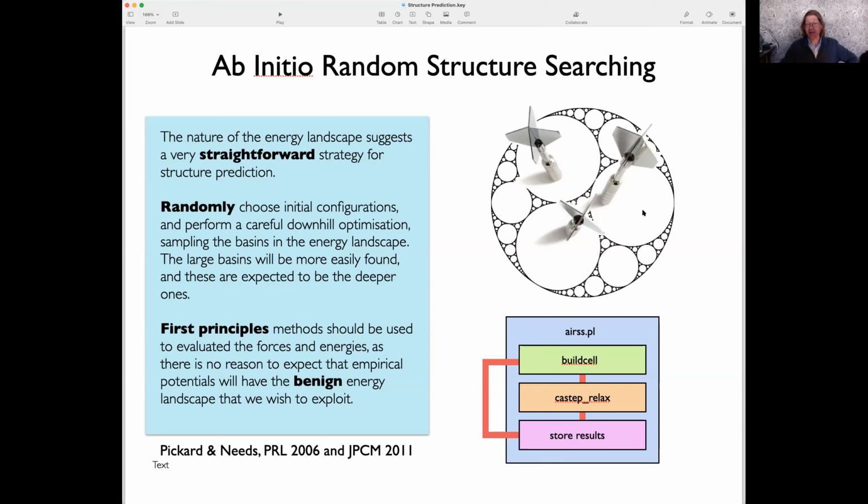As I suggested, the basic idea behind it is we imagine the energy landscape looks like something like this, and we throw darts randomly at that energy landscape, where a dart is a randomly generated crystal structure with particular unit cell shapes and volumes, and atoms randomly placed in that unit cell.